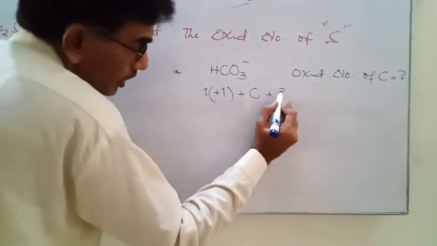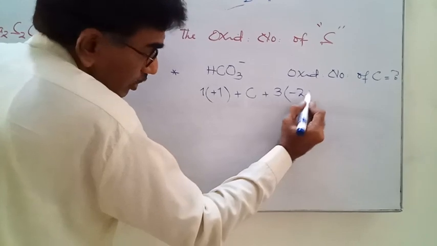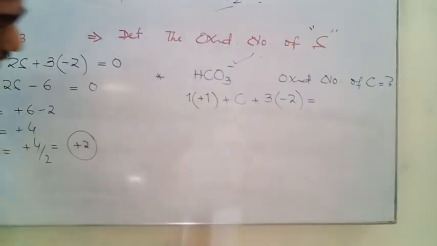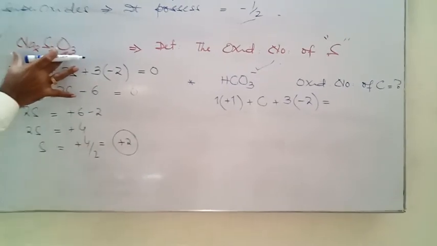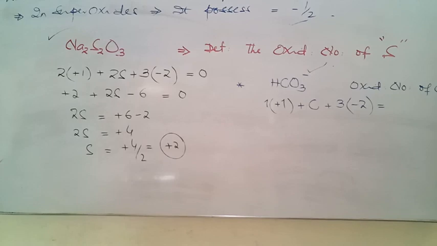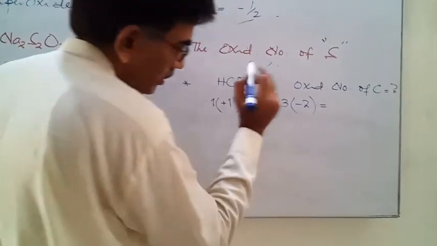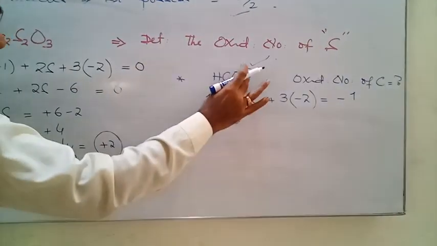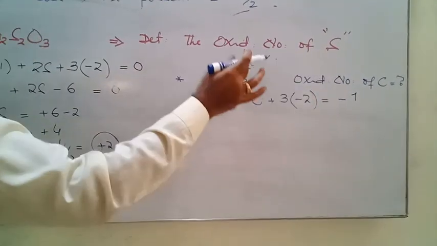We have 3 oxygens, each possessing oxidation number of -2. In the previous compound the overall charge was 0, it was neutral. But in this case the overall charge is -1 because we have an ion.